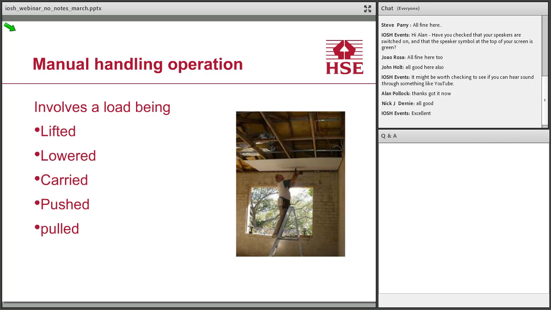Sorry about that, I can't work these machines. The manual handling regs talk about loads being lifted, lowered, carried, pushed and pulled. And all those methods are frequently used within construction work.